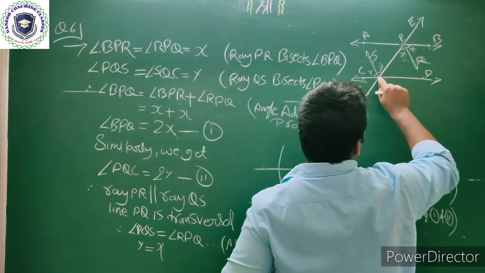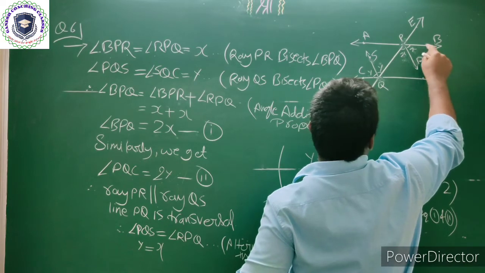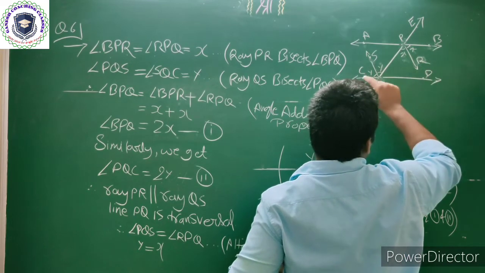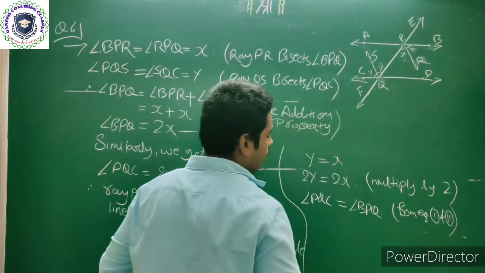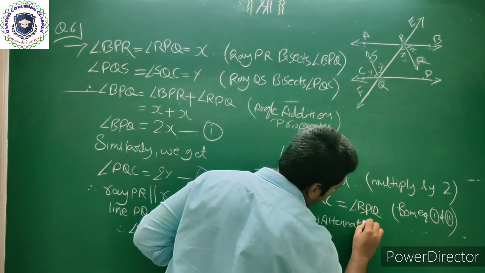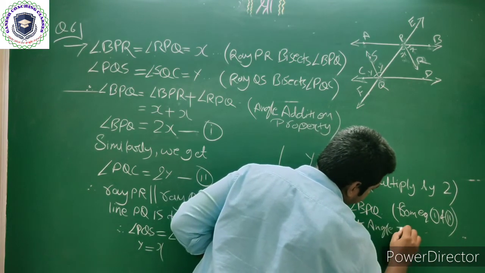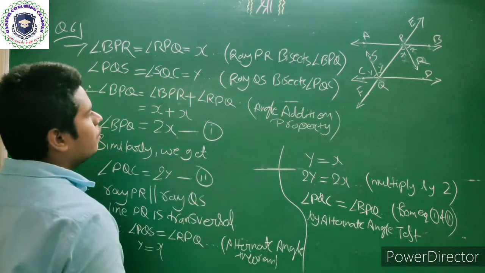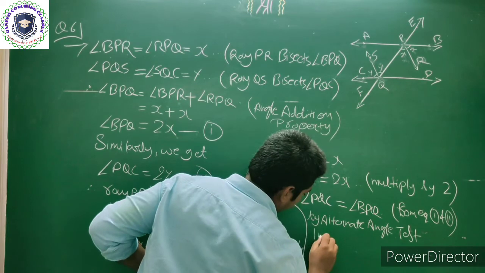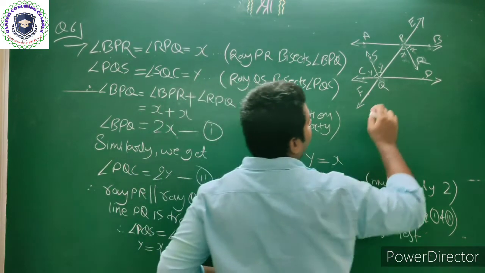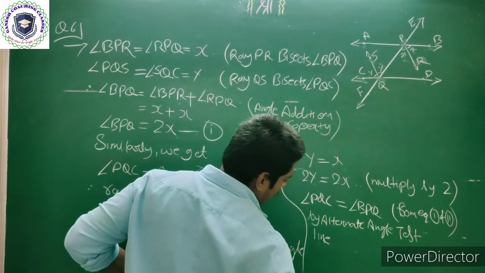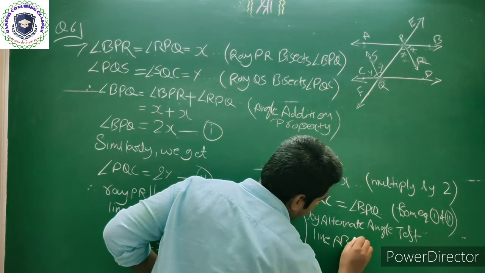When we trace these angles, again we get a Z. Z means alternate angles. So by the alternate angle test, we can write that line AB is parallel to line CD, because the two angles inscribed as alternate angles, BPQ and PQC, have equal values. So line AB is parallel to line CD.